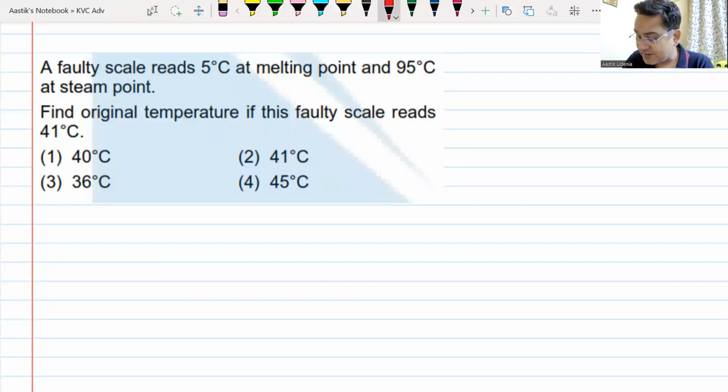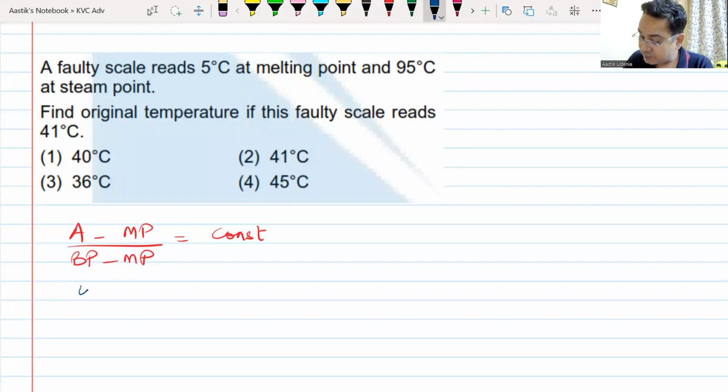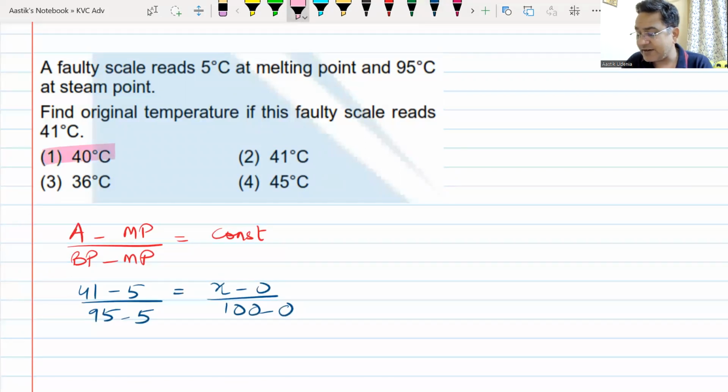I told you that any scale minus the melting point divided by boiling point minus melting point is constant, yes or no? So this scale is reading 41. 41 minus 5 divided by 95 minus 5 will be equal to x minus 0 divided by 100 minus 0. If you calculate it correctly, you will end up at 40 degrees Celsius. Do you understand this? Yes, sir.